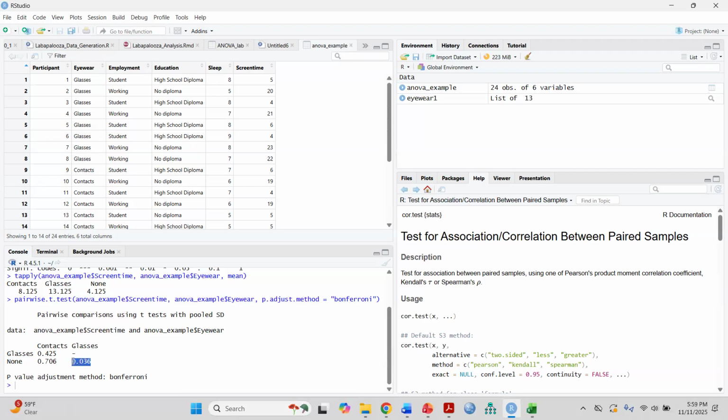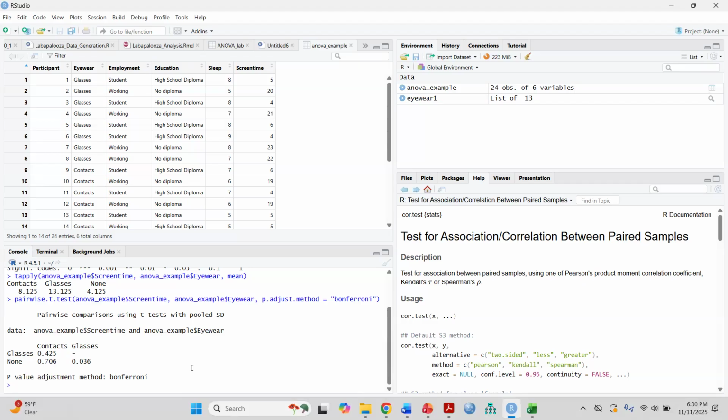That p-value is 0.036. That is significant. That's less than 0.05. So again, this value, 13.125 hours of screen time, is significantly higher than 4.125 hours of screen time. So we just found out people who wear glasses on average spend more time on screens than people who have no kind of eyewear. Nice. So that is how you conduct a one-way ANOVA follow-up.